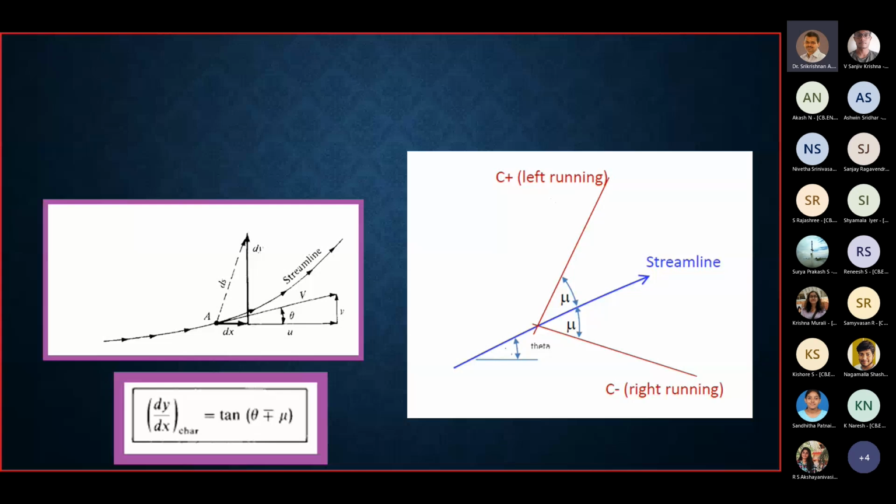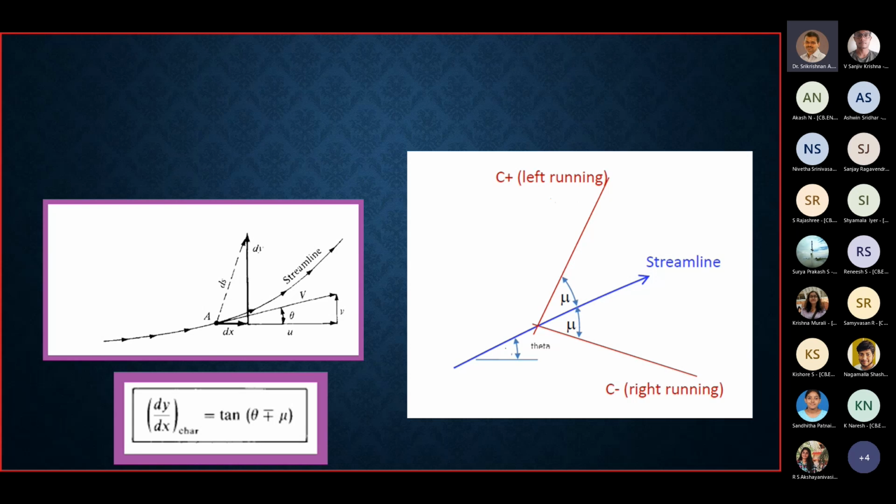Okay. So these two lines are usually referred to as left running and right running. Actually, it's just a convention in gas dynamics and compressible flows to characterize the pressure waves. They need not always be characteristic lines, but usually it is for characteristic lines. The waves are called left running and right running.